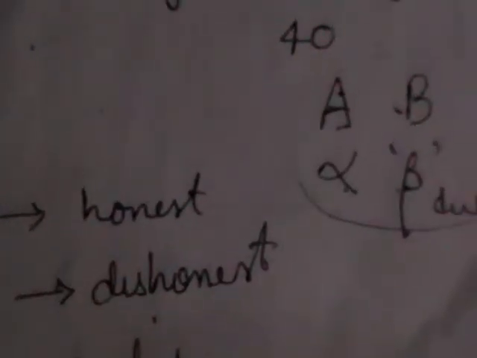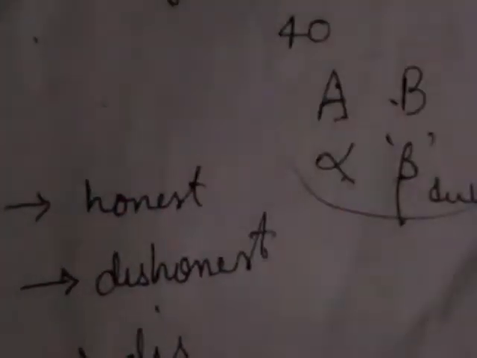If I write bracket A, it indicates the frequency of class A. If I write bracket A is equal to 20, it indicates there are 20 persons who are honest.